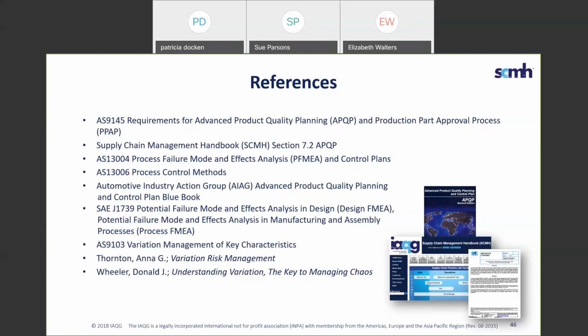Besides the 9145, which is in the supply chain management handbook, you get the AS 13004, 13006, 9103. You also have the AIEG Blue Books. They have a lot of forms and information in them. This is just on our website, and some guidance to help you find other information that you may need or want.